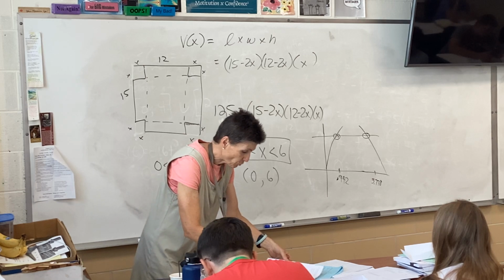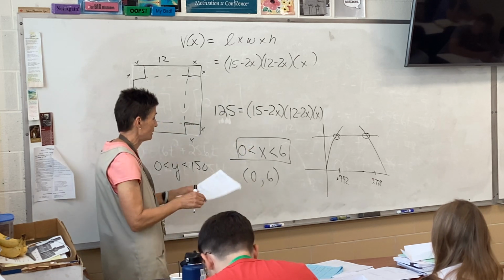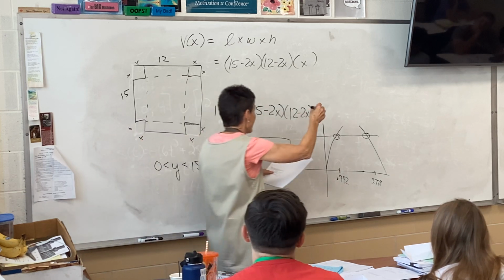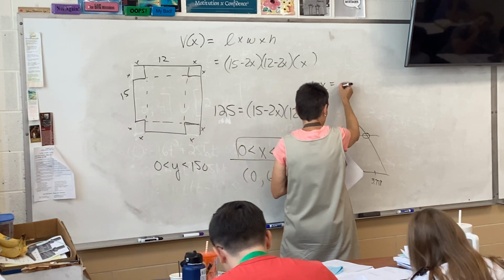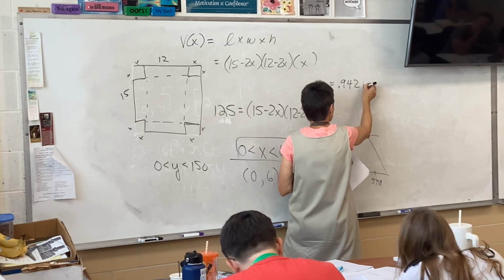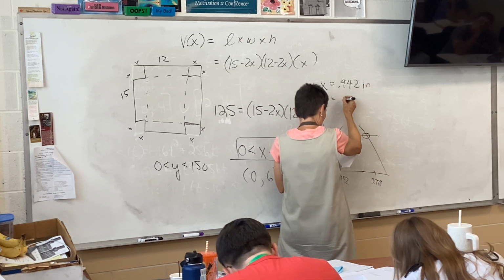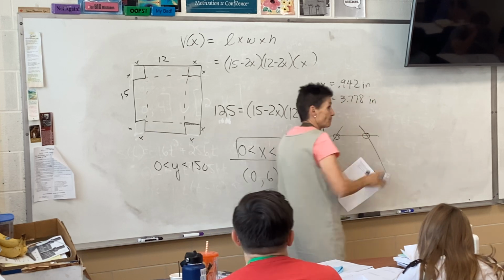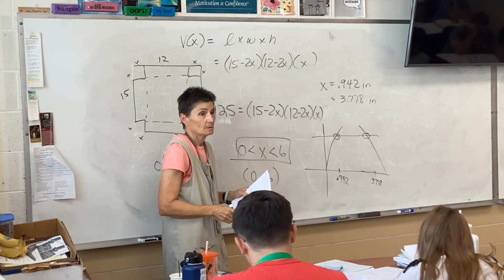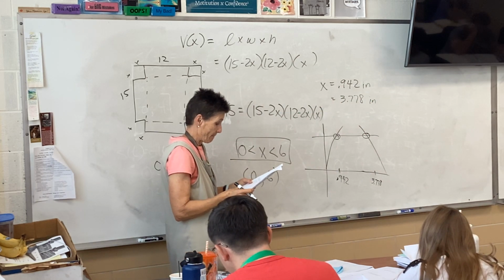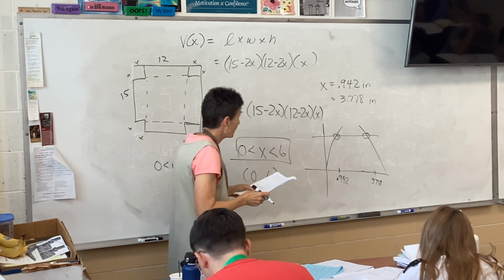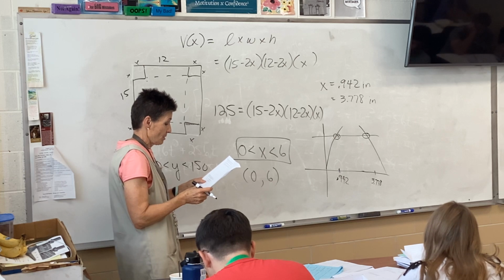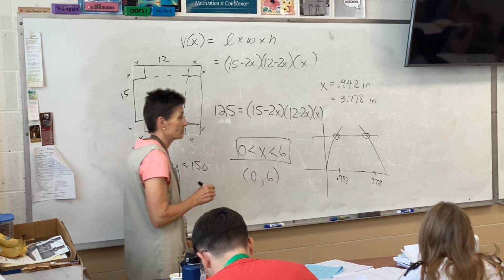What size corner square should be cut to yield a box with a volume of 125? The answer to part A is x is either 0.942 inches or 3.778 inches. What if we want bigger than 125?